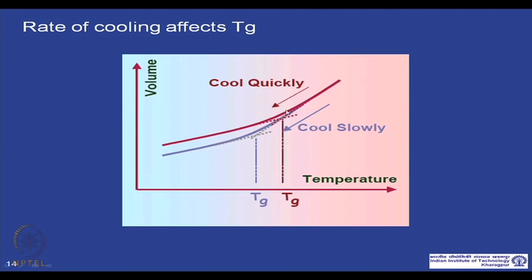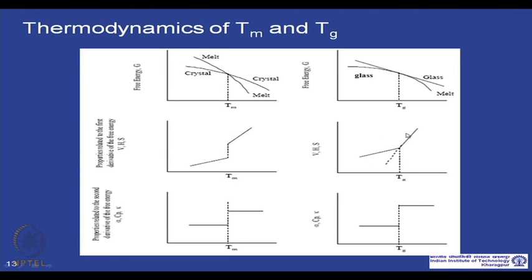If we cool fast, then Tg will be higher. If we give the polymer chains more time to arrange themselves, which means we cool slowly, then Tg will be lower. So these curves will look the same, but the glass transition temperature will vary if we change the cooling rate, or in case of reverse direction, the heating rate.